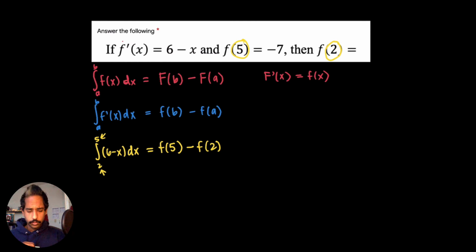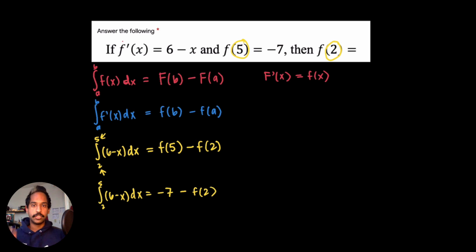And so we're given these values for some of them, and so we can plug in. I know f of 5 is negative 7, and so I'm going to replace f of 5 with negative 7. The integral from 2 to 5 of 6 minus x dx equals negative 7 minus f of 2. And our goal is to figure out what f of 2 is going to be. And so what I can do is rearrange this.